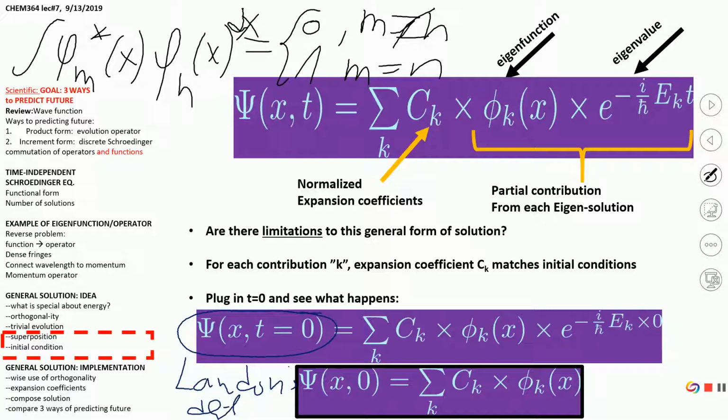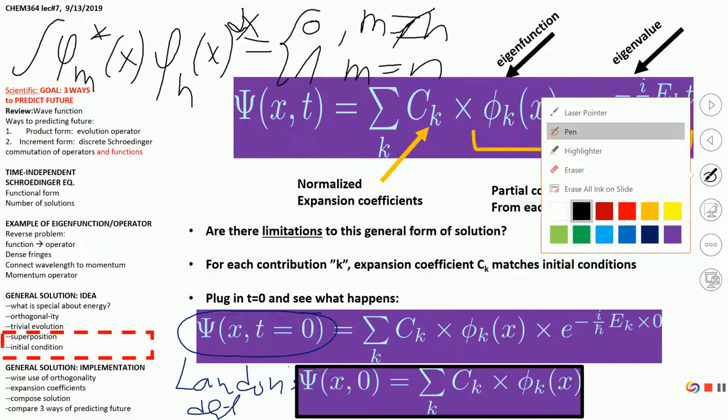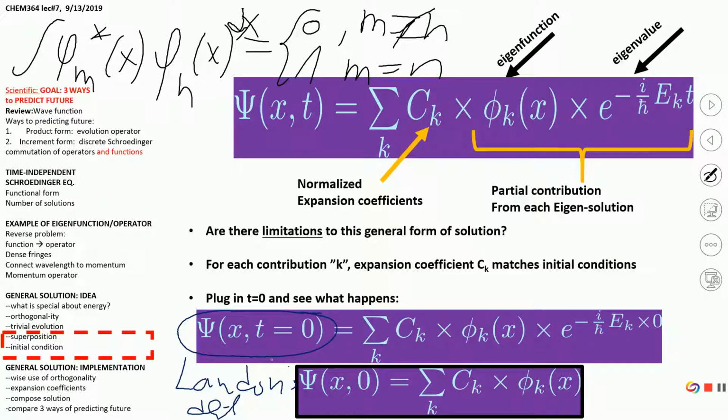Generally the function should be different, and one of the functions should have a star, which means complex conjugation. So why don't we multiply left and right by function m with star and see what happens.